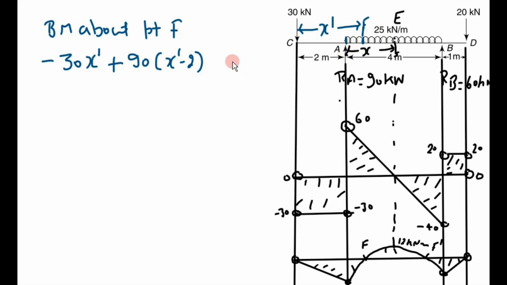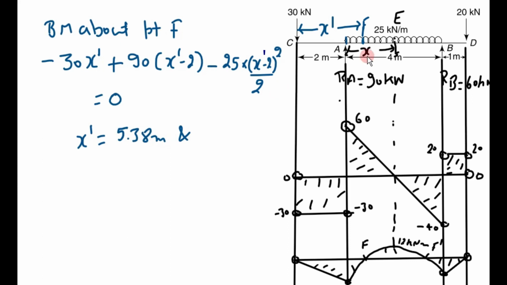UDL is 25 kilonewton per meter, at a distance of x dash minus 2 acting on. So this is the quadratic equation. From the diagram, here the bending moment is 0, so put equal to 0 and calculate the value of x dash. So after calculation, x dash comes 5.388 meter and 3.42 meter.